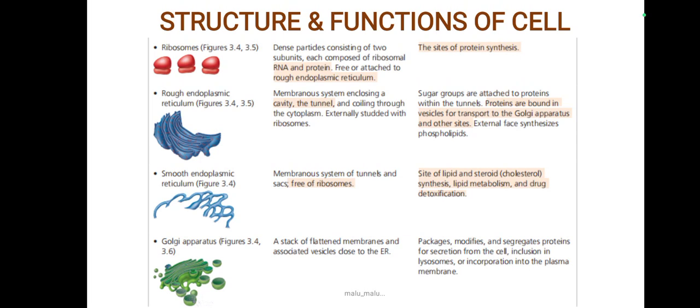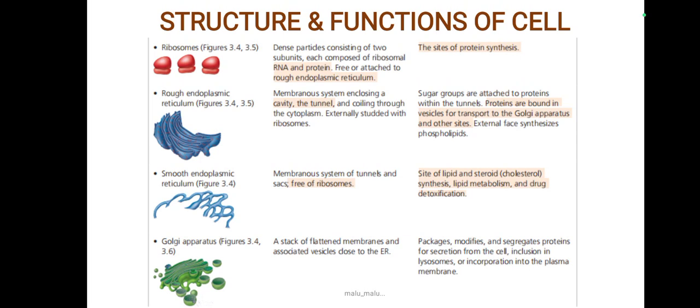In rough endoplasmic reticulum, sugar groups are attached to proteins in the tunnels. Proteins are bound in vesicles for transport to the Golgi apparatus and other sites. Smooth endoplasmic reticulum is a site of lipid and steroid synthesis, lipid metabolism, and drug detoxification.